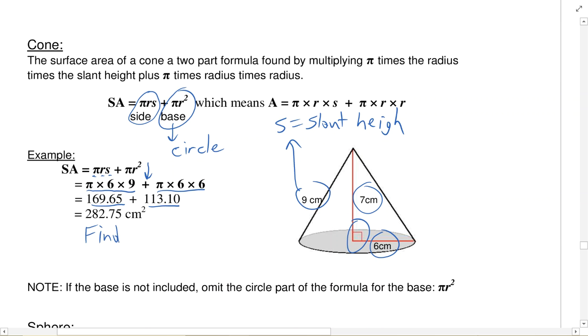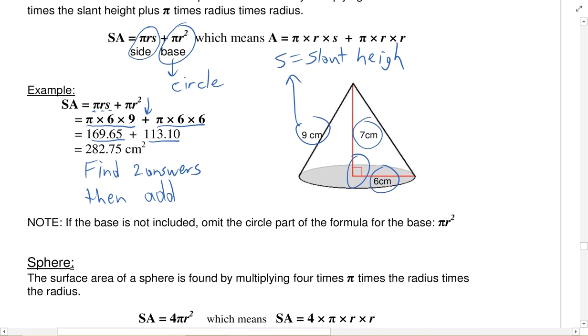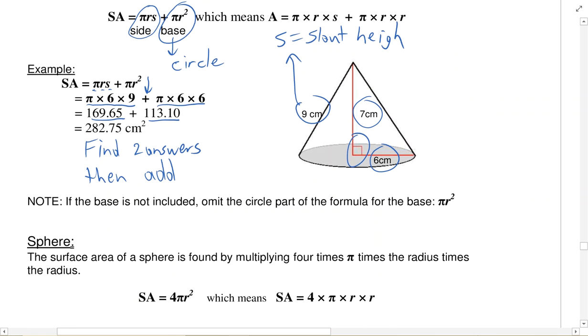So find two answers, then you have to add. So you want to write down at least 2 decimals from your calculator so that you can add them together. So if the base is not included, which sometimes it's not, then you omit or cross out the circle part of the formula.